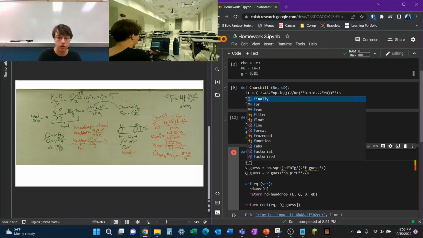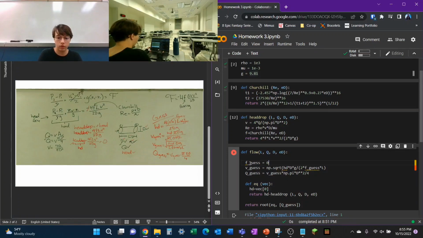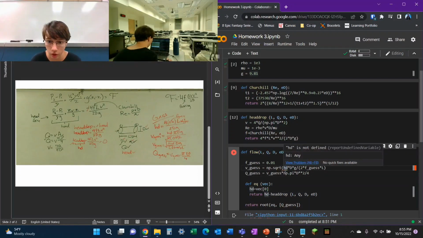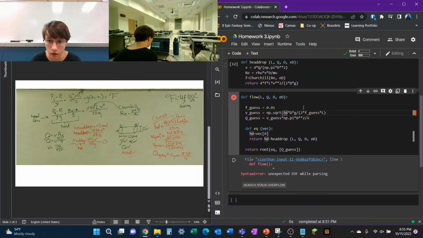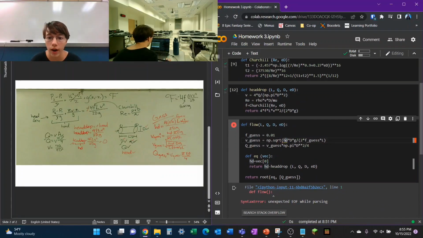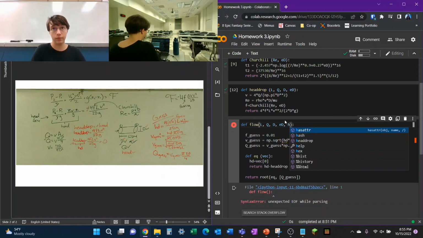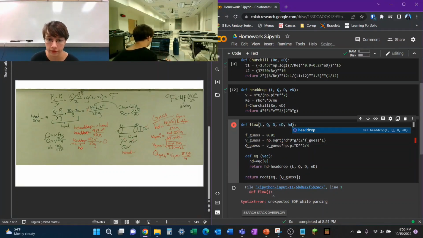So F guess is going to be equal to 0.01. Okay. So then I think I have this messed up a little bit. Our head drop is going to actually be defined up here because that's what we're given in the problem. Sorry. So head drop will be defined up here, not down here.